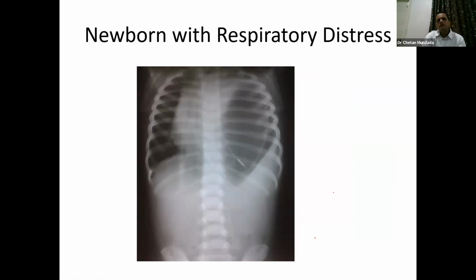Then this is a newborn with respiratory distress, and you can make out that the child's nasogastric tube has looped all the way to the lung field area, and this is a CDH, congenital diaphragmatic hernia.